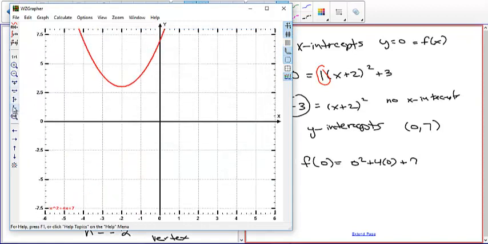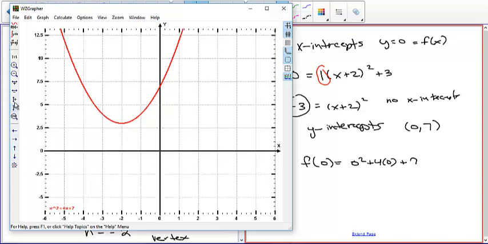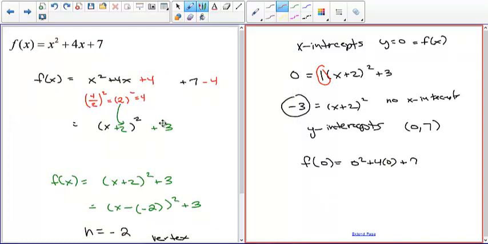Let's zoom out in the x direction. So there it is. Let me just try to get it so we get integers, there we go. So you can see it intersects at y equals 7. Here's the vertex, -2, 3. Here's that other point, which is -4, 7. Those 2 points are symmetric.